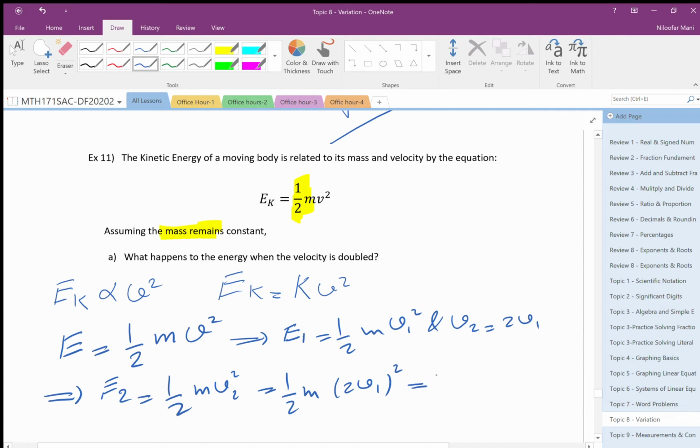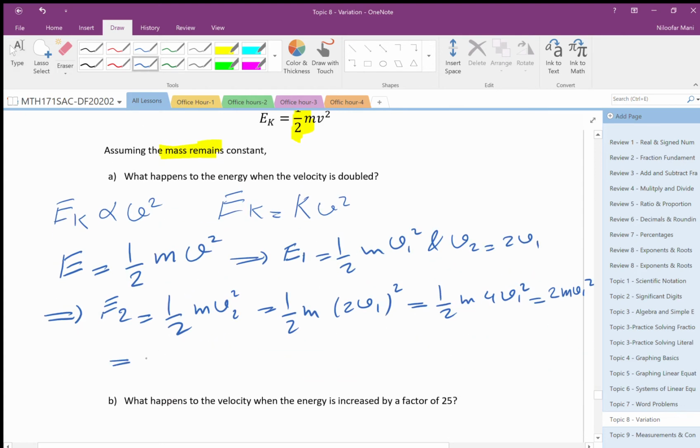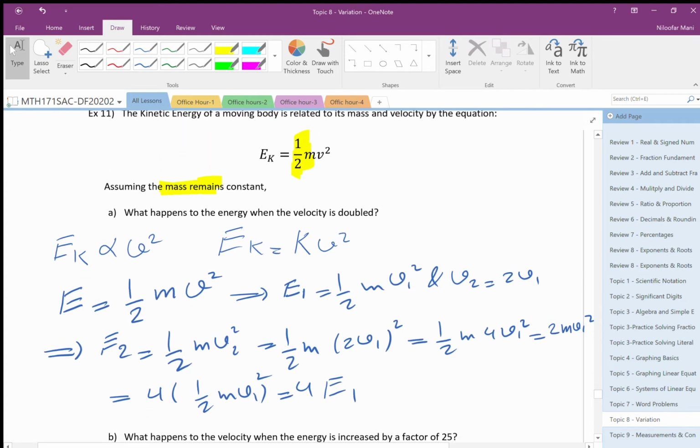So it is 1 over 2 m 4v1 squared, which is 4 multiplied by 1 over 2 m v1 squared, which is 4E1. So if v is doubled, energy is multiplied by 4. This is what I did mathematically.